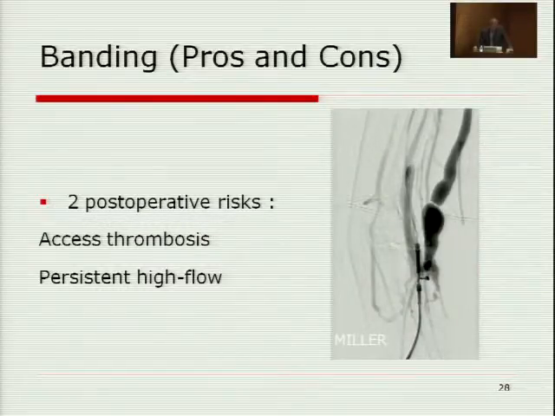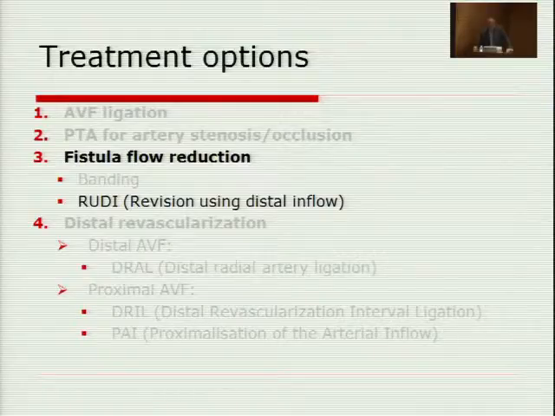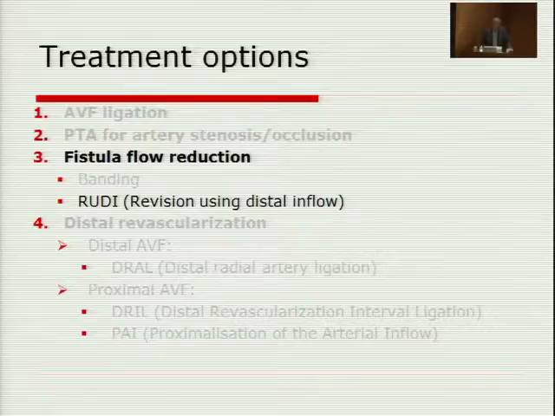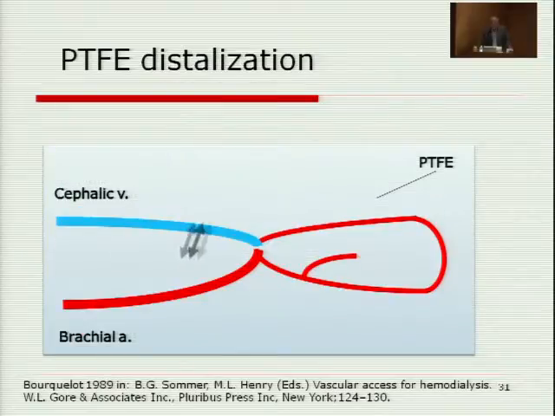And there are two major postoperative risks: access thrombosis and persistent high flow. Finally, I quit with banding, and I would rather replace it by RUDI. RUDI is revision using distal inflow, a more successful way to reduce high flow.